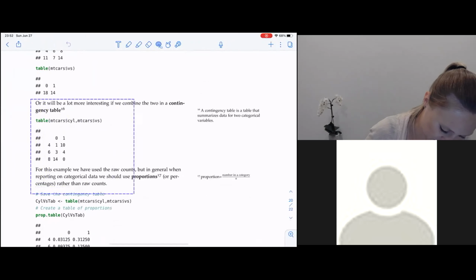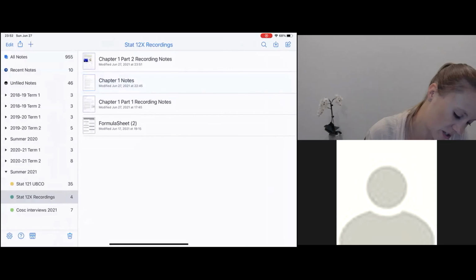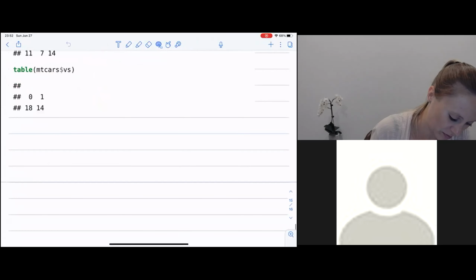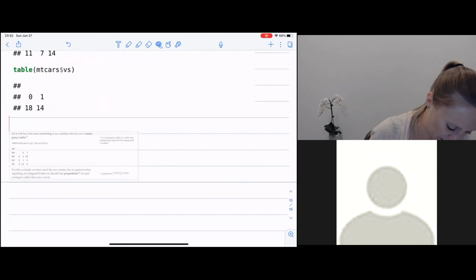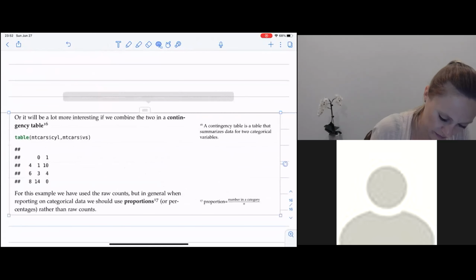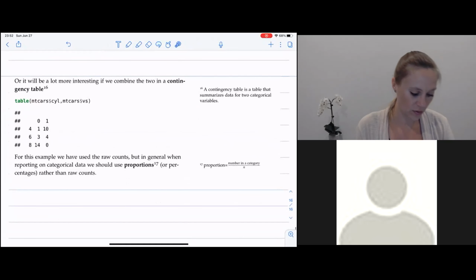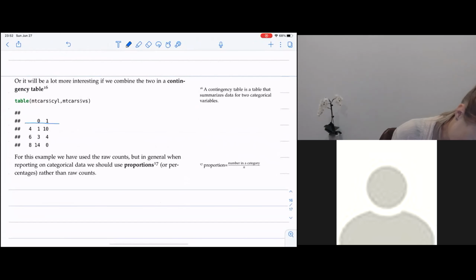Often we're going to be more interested in how two variables relate to one another, right? So what we can do is map, here this is our VS, and here this is our cylinders.